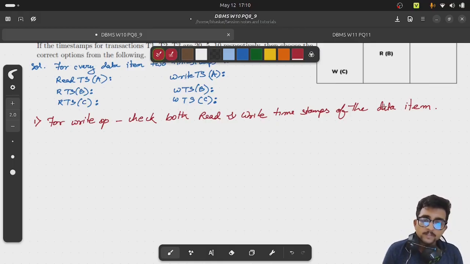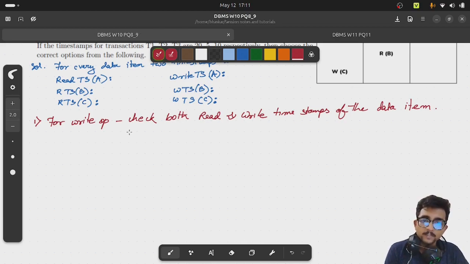And how do we check the validity? We will only allow the write operation to be executed according to the timestamp ordering protocol when the timestamp of the transaction which is going for the write operation is greater in value than the read and write timestamp of the data item.